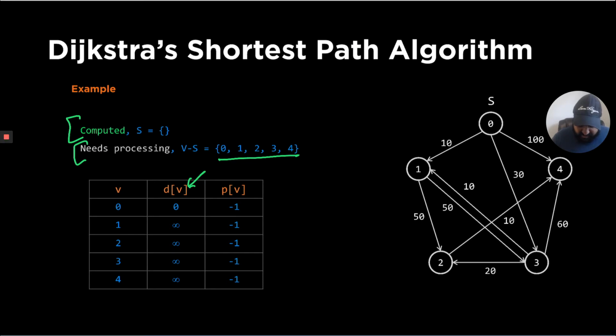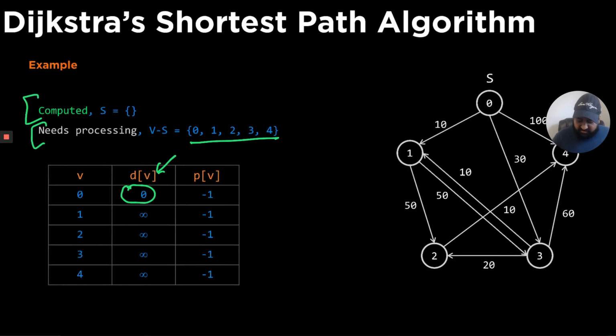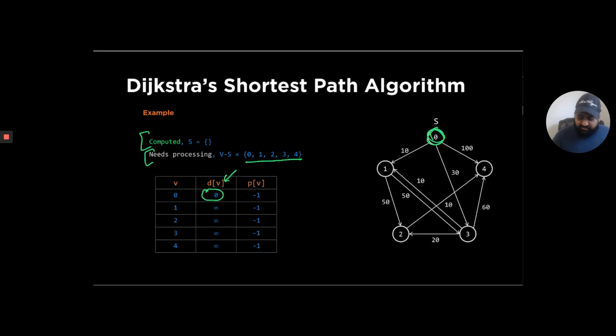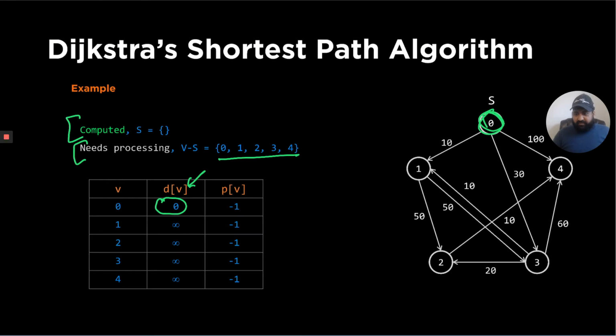Initially we have dv initialized to 0 for the source because our source in this case is 0. If we were computing it with the source 4, then the fourth location will have dv equal to 0 and everything else will be infinite. PVs, the predecessors, will be -1 when we start this algorithm.